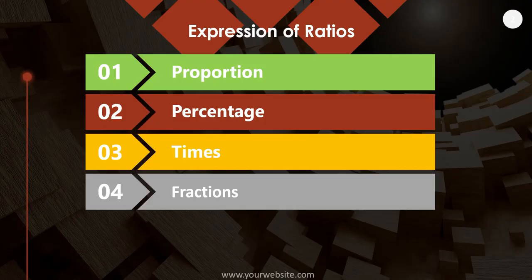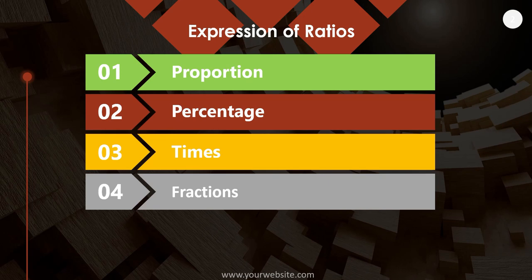Then next we can look at the expression of ratios, how a ratio should be expressed. It can be expressed in 4 ways: proportion, percentage, times and fraction. By way of proportion, we can know the relationship between two figures expressed in a common denominator.